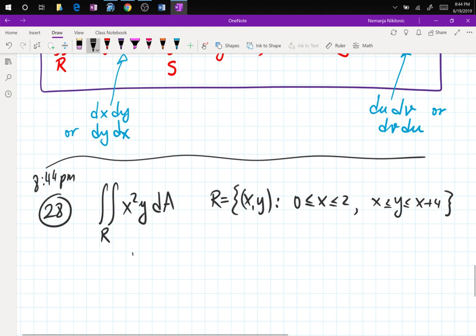And they tell us the transformation. So use the transformation x equals 2u and y equals 4v plus 2u.